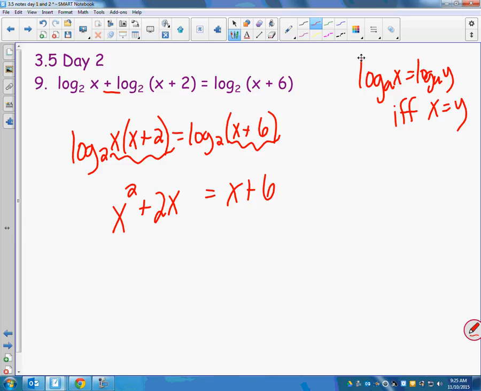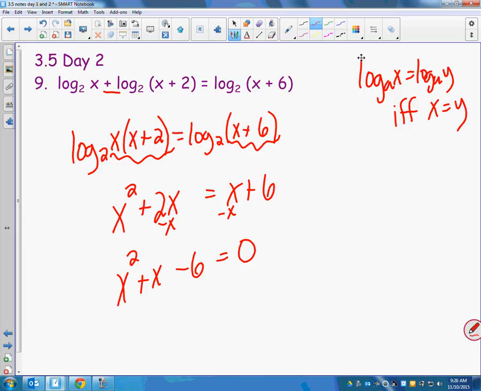And then what do I have to do to solve that? What kind of equation did we just make here? A quadratic. We never escaped quadratics in that class. If I subtract x over, I would get x squared plus x minus 6 equals 0. Okay? We can complete the square, we can do the quadratic formula, we could factor.